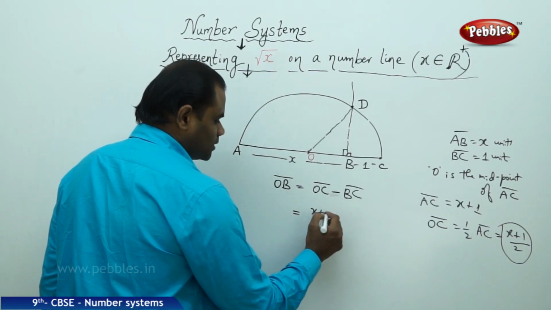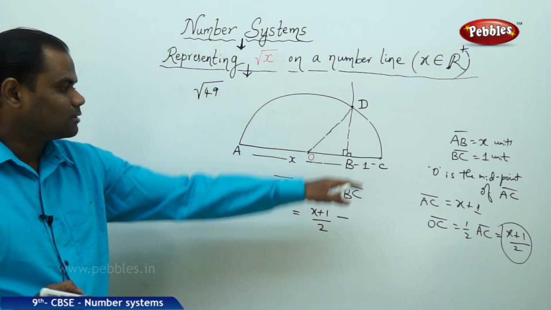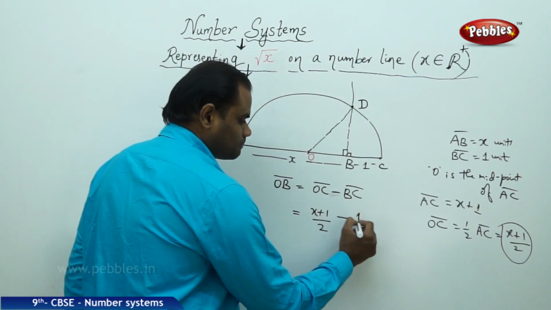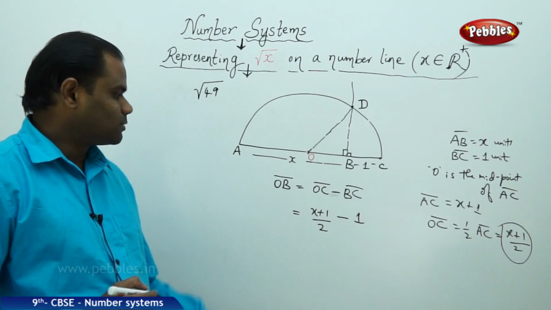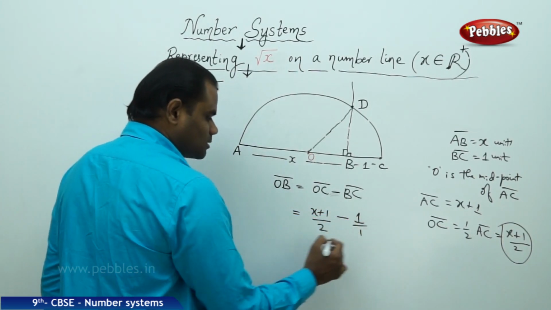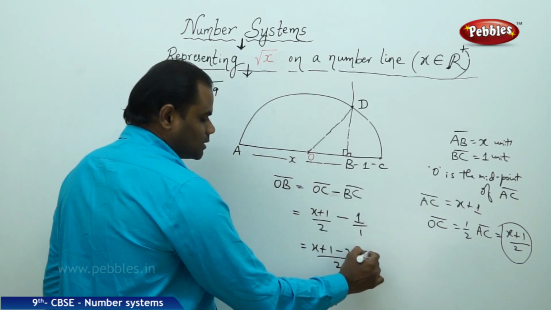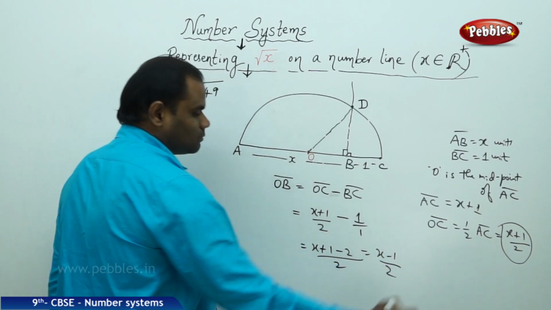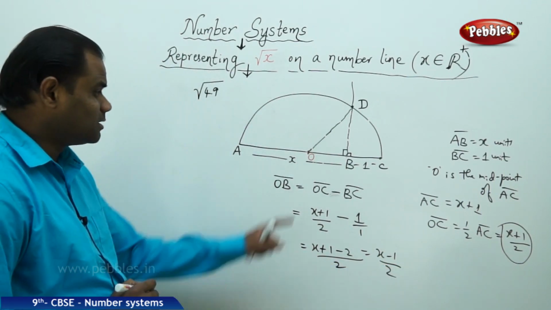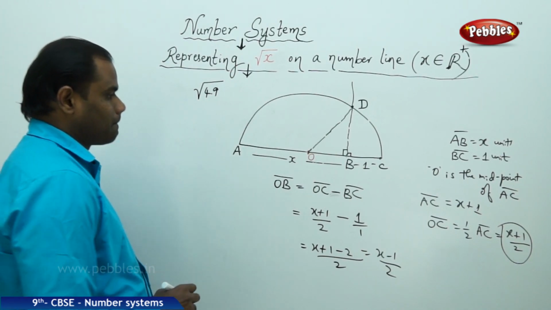I substitute this: OB equals (x plus 1) by 2 minus BC, which is 1. Substituting for OC and BC respectively, on further simplification I get (x plus 1 minus 2) by 2, and this gives me (x minus 1) by 2. Therefore, my distance OB is (x minus 1) by 2.